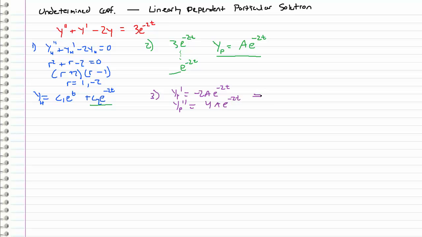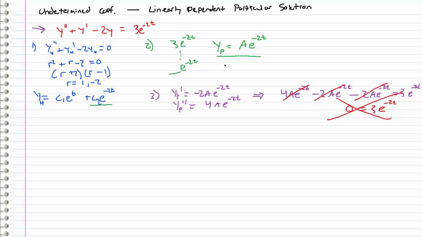And if we plug these back into the differential equation up here, then what we would have is 4a e to the negative 2t minus 2a e to the negative 2t, and then minus 2a e to the negative 2t again. And this has to equal the right-hand side, which is 3e to the negative 2t. But what we see is that all of these terms cancel out. So we have 0 is equal to 3e to the negative 2t, but this can never happen. So we've reached some sort of contradiction and our method of undetermined coefficients fails.